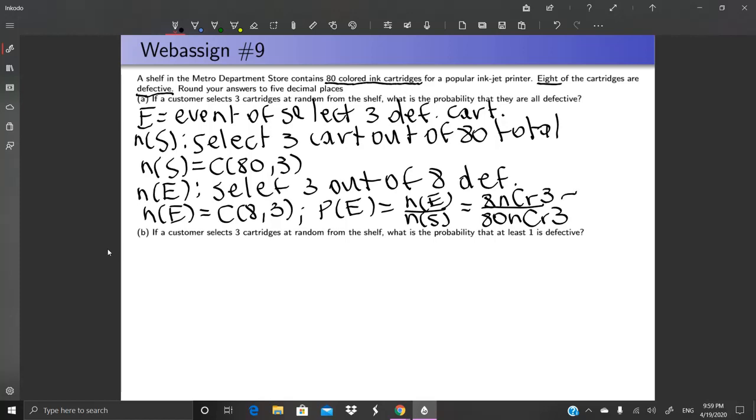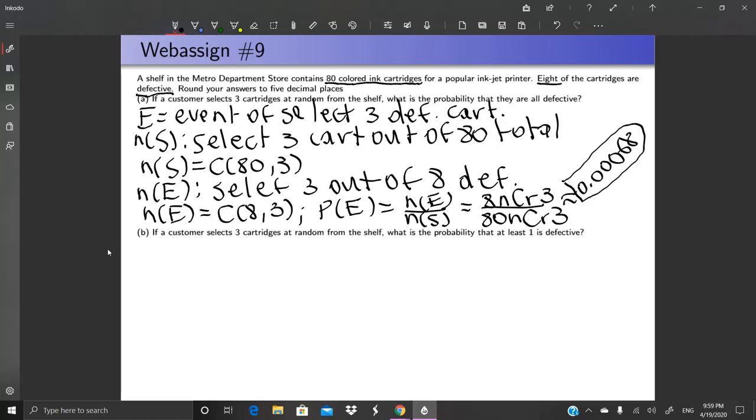This is approximately equal to 0.0068. So this is our answer to 5 decimal places. There is a very, very small chance that you will choose all 3 that are defective out of the 8 if you're just choosing 3, which hopefully makes sense.